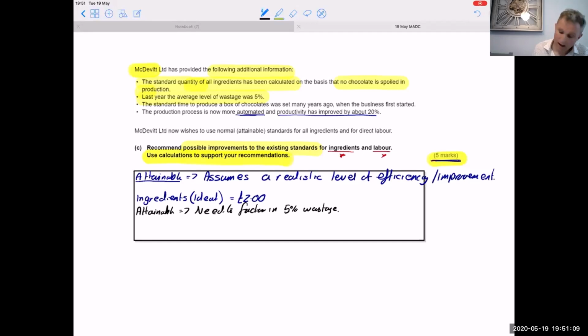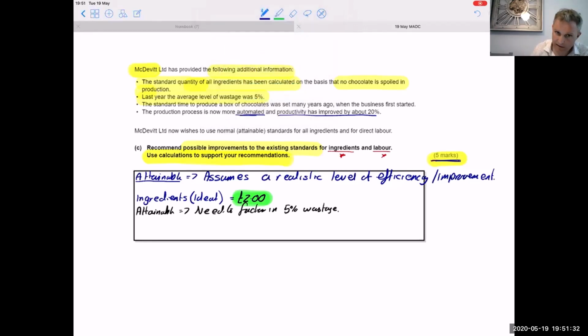In the perfect world, it costs me £2 in terms of ingredients, so £2 worth of ingredients is the amount that actually needs to go into my product.